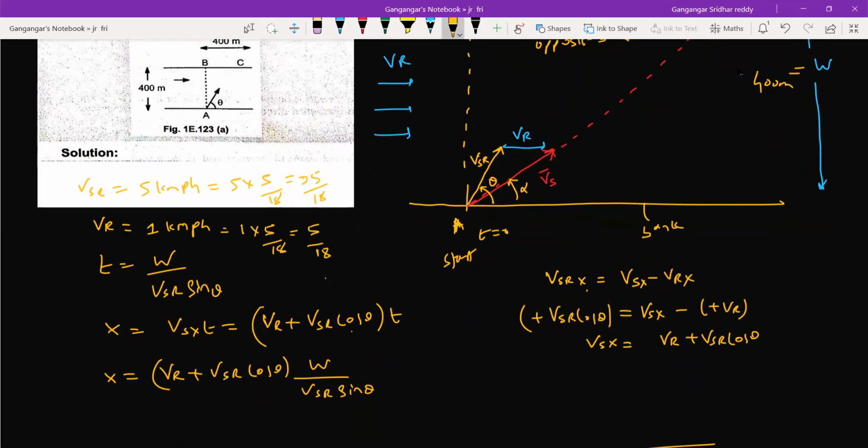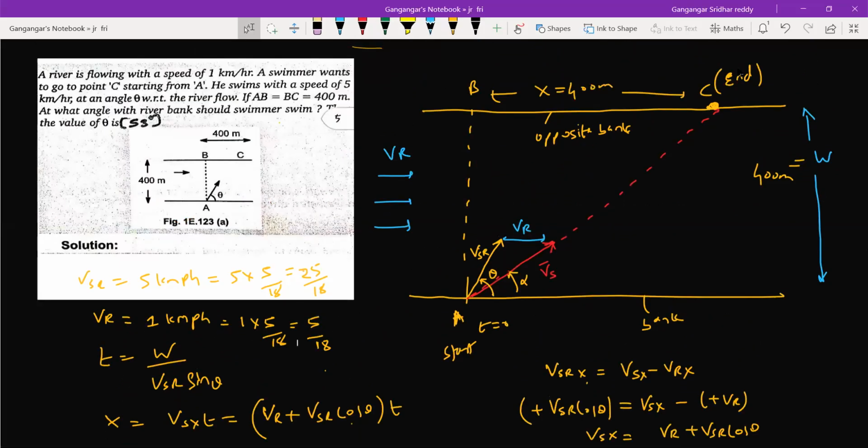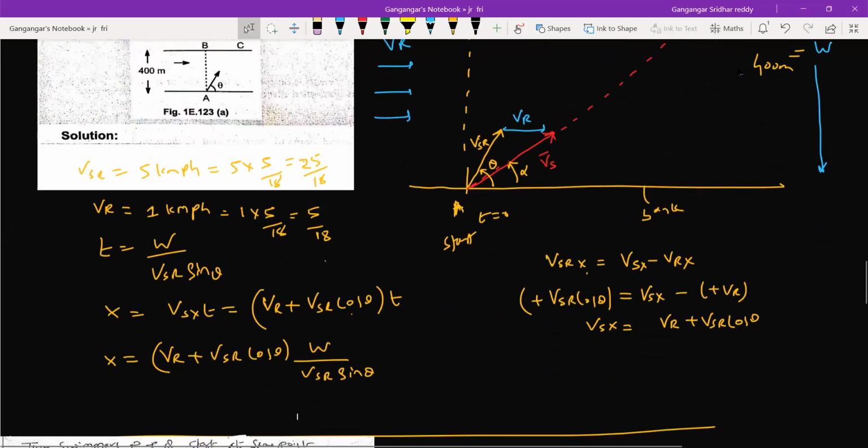That's why I'm just following the universal method here. So let's substitute all these values. I think we have all the data.